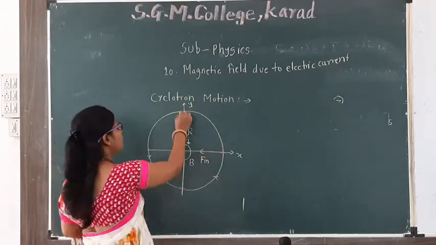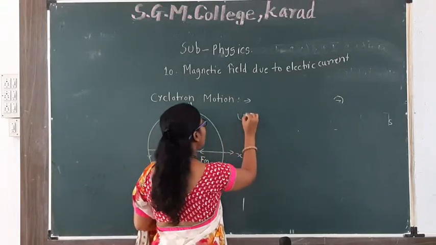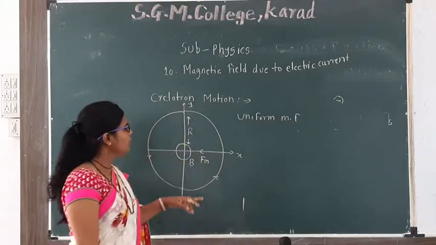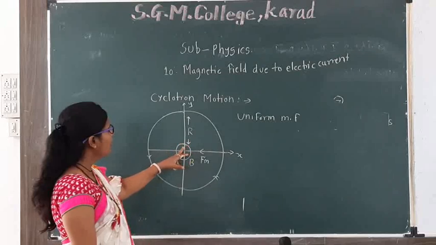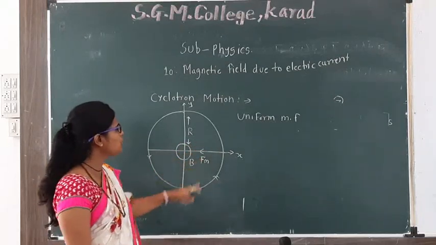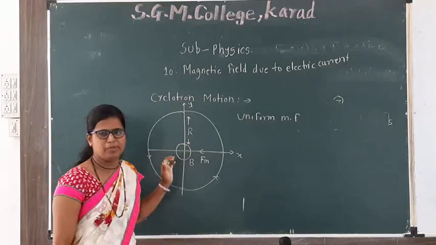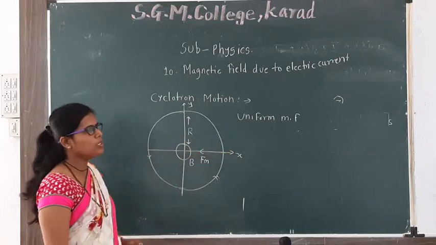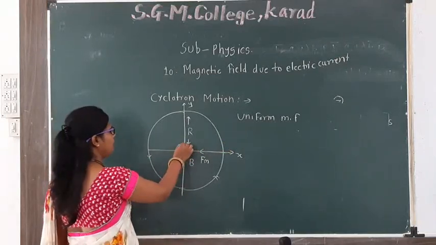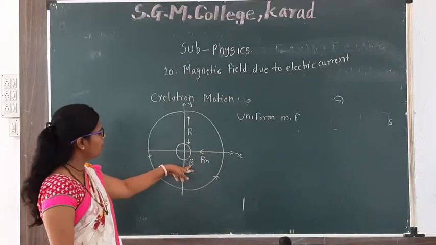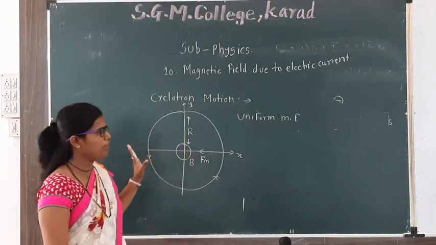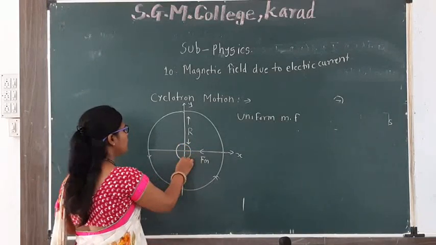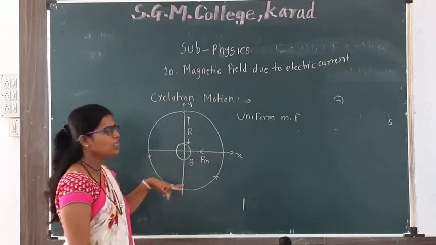When it undergoes circular motion, a uniform magnetic field is acting on the charged particle, perpendicular to the plane of the paper, as shown in the figure. Now here, let Q be the charge on the particle moving with velocity v.